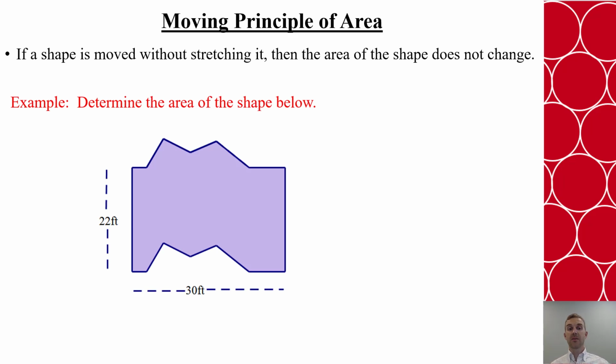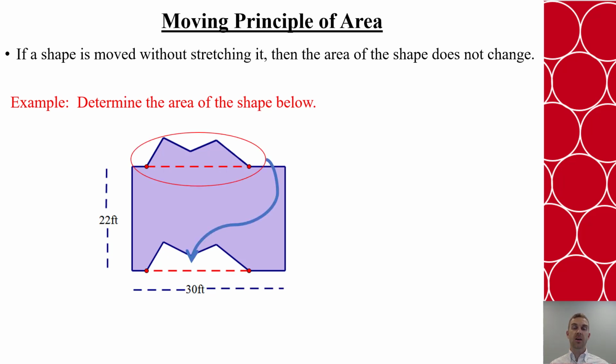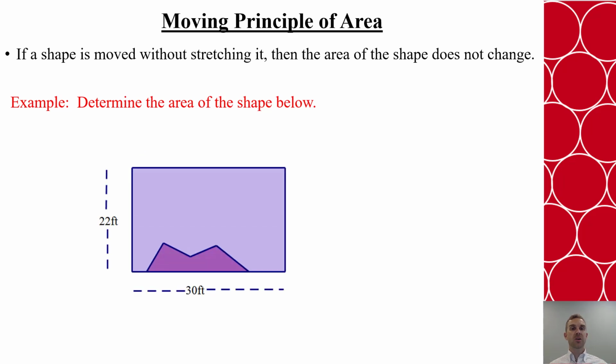For example, if I want to determine the area of this shape, I want to find something that looks recognizable and see if I can move part of this shape to create recognizable shapes. So if I draw in these dotted lines, I can see that outlines a rectangle. And I notice that if I take the top part and cut it off, it will fit perfectly in the bottom, therefore turning this into a rectangle for which I can find the area.